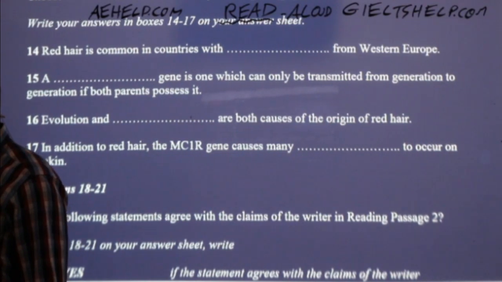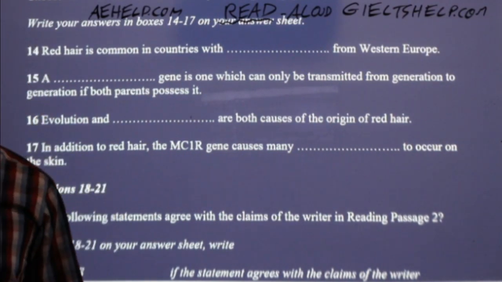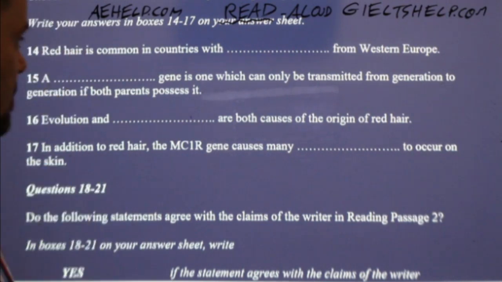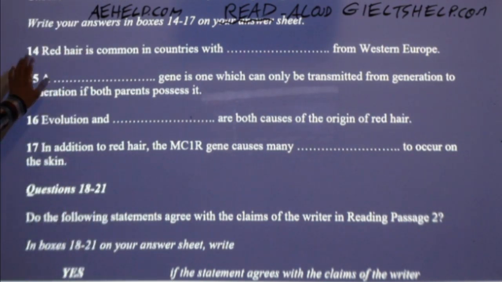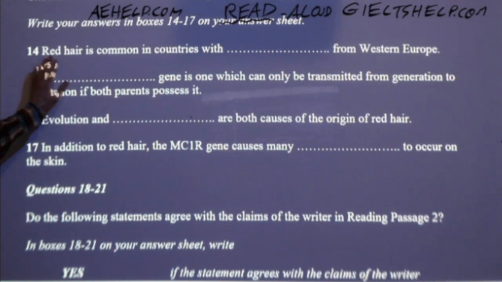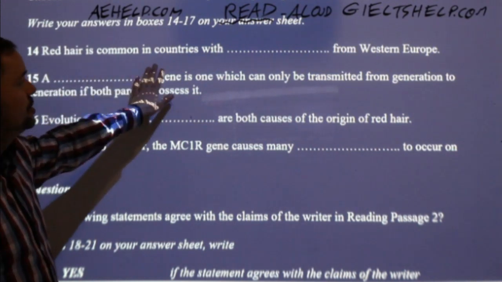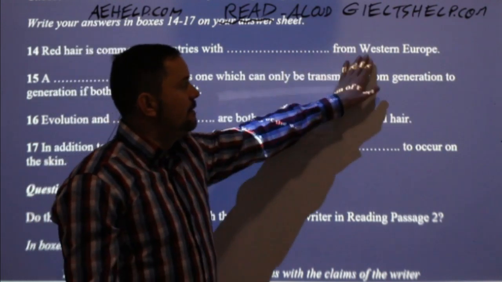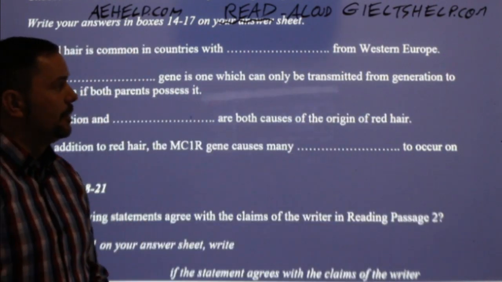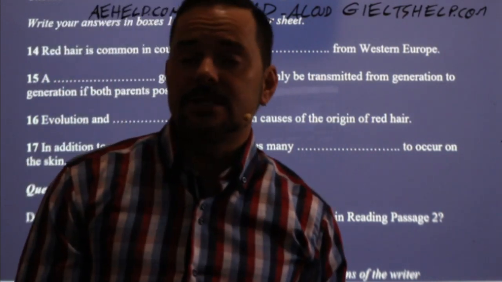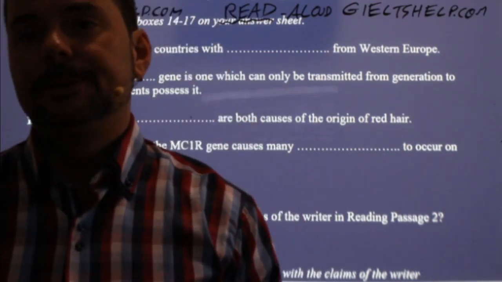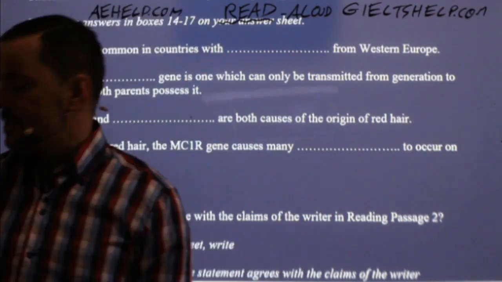Let's answer these questions. Here we go. So here we have to fill in the blank. Number 14: red hair is common in countries with something from Western Europe. Anybody know what the answer would be that makes sense if we visualize this without going back to the passage?